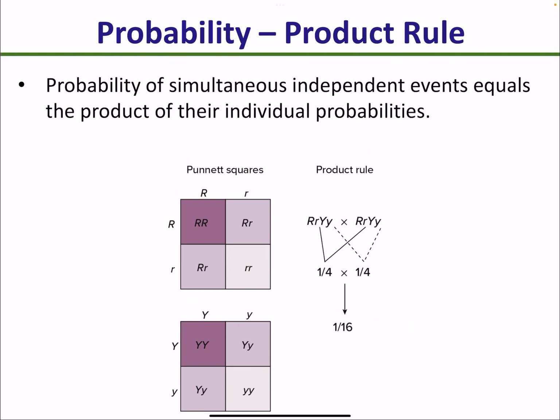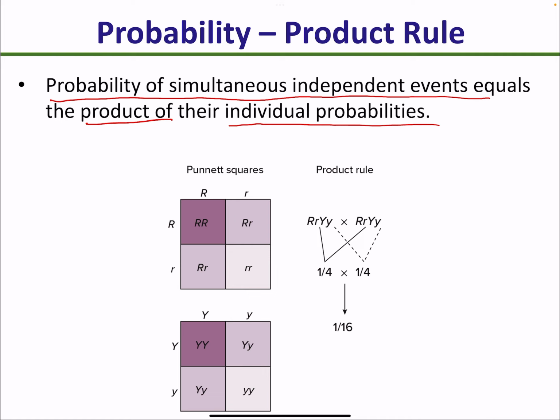Now, for the dihybrid cross and more, we can also use the law of probability. That law of probability is basically the product rule. The probability of simultaneous independent events is equal to the product of their individual probabilities.